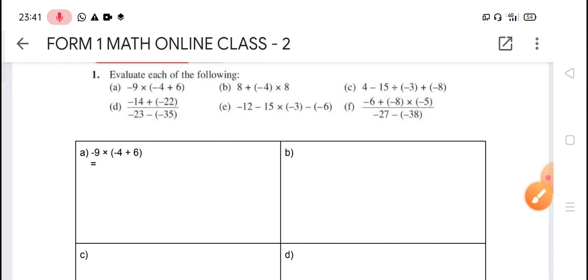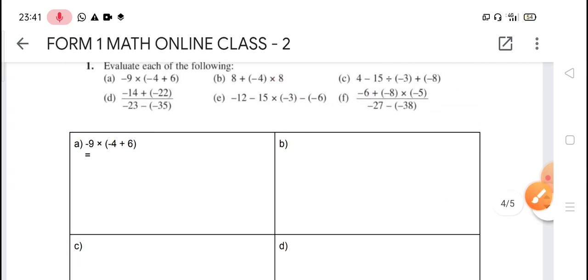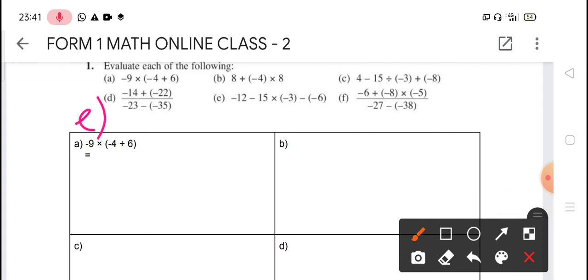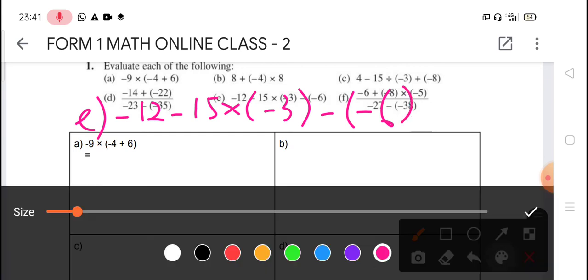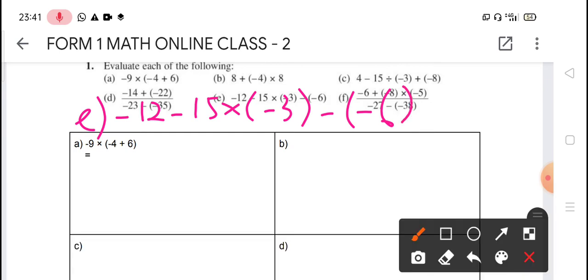Next, we move on to question E. Okay, question E, we have, wow, long question. Negative 12 minus 15 multiply negative 3 minus negative 6. So what we should do is, first we have subtraction, multiplication, subtraction. So we do the multiplication first, 先乘除.